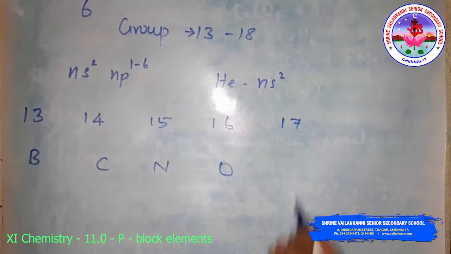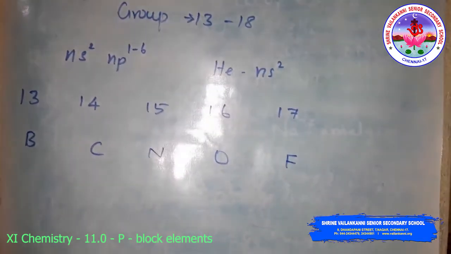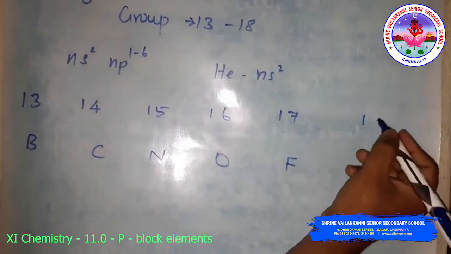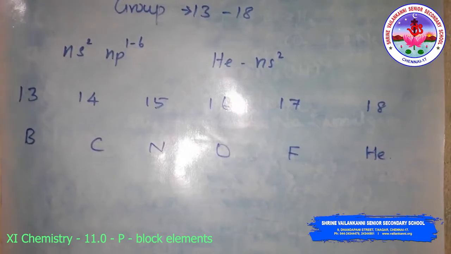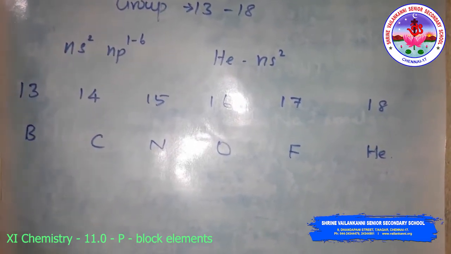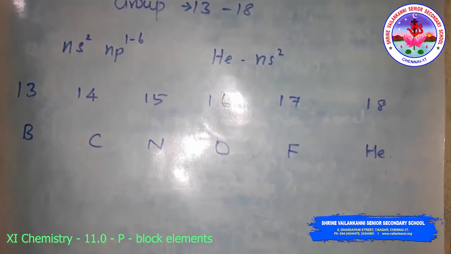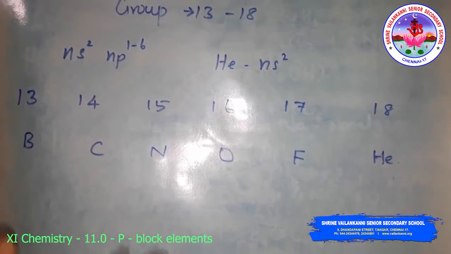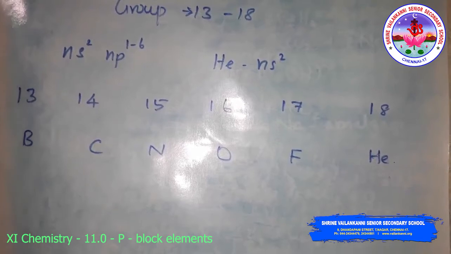Group 17 is fluorine. Then group 18 is helium. So these are the group members: the boron family, carbon family, nitrogen family, oxygen family, the halogen family, and the noble gases.